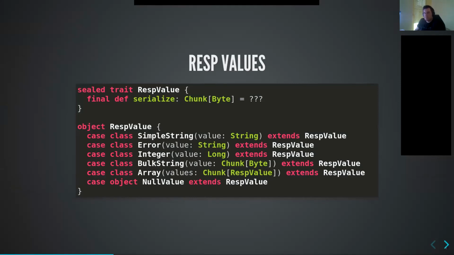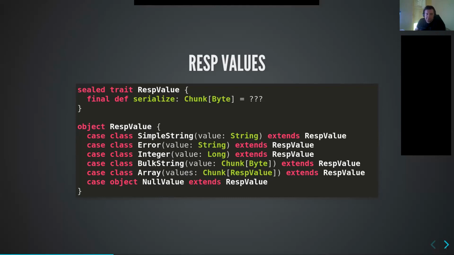As I mentioned, RESP as a protocol in its version 2 prescribes 6 possible values, which are simple strings and arrays, which we saw on previous slide. But besides them, there are also errors, numerical values or integers, bulk strings, and sort of a special value called null strings.